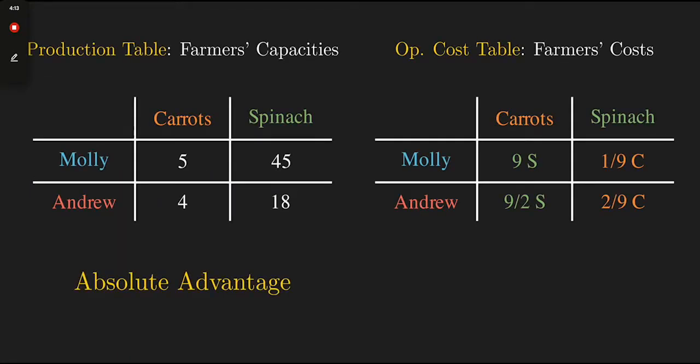All right, so let's check and see who has the absolute advantage in growing carrots. Well, we can see Molly does. She's better able to grow carrots than Andrew is. And when we look at spinach, Molly also has the absolute advantage in growing spinach. She can grow 45, where Andrew can only grow 18.